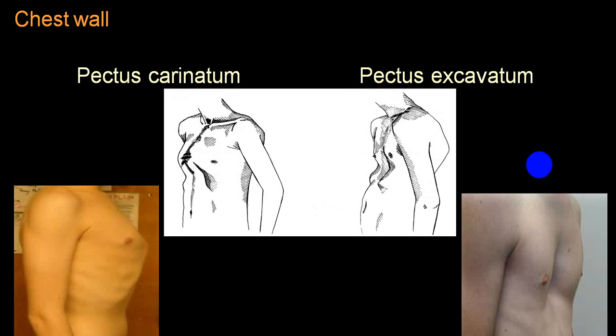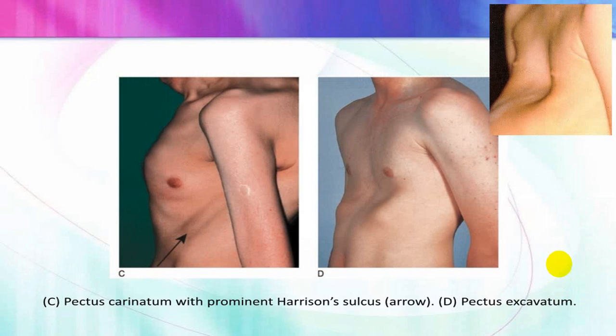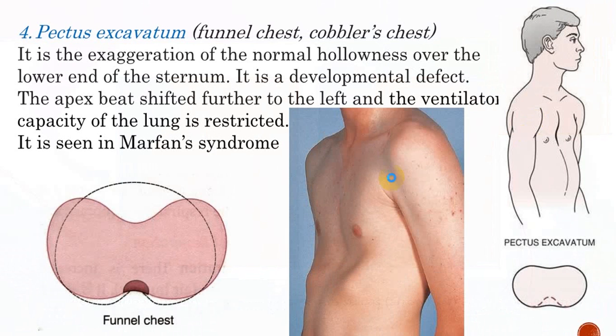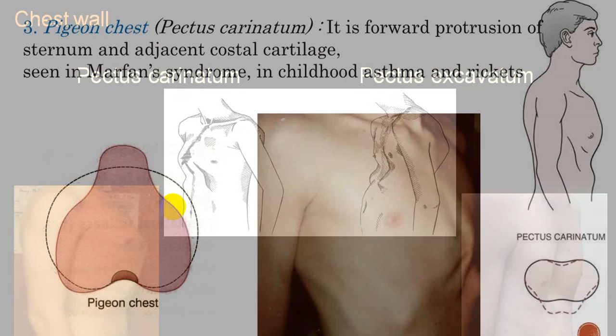You can see clearly, this is pectus carinatum. This is excavatum. This is again excavatum. Inward, inside. So this is excavatum, or it is also called a cobbler chest or funnel chest. So in that, the sternum is curved inside, and if you look here, I'll show you that.